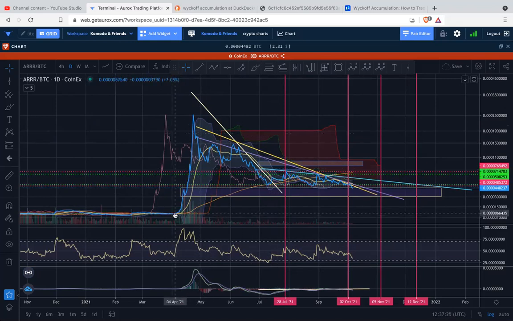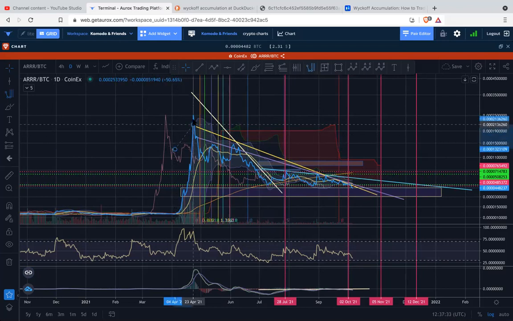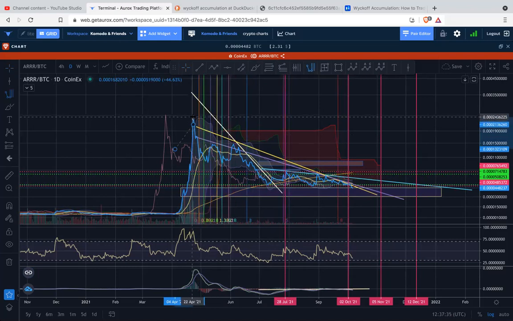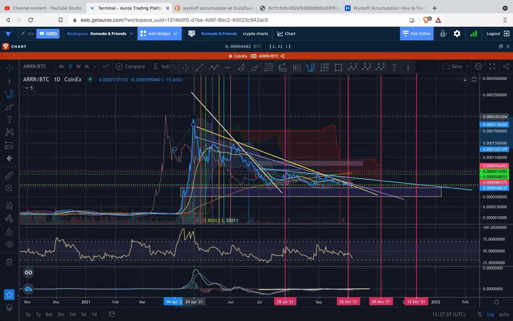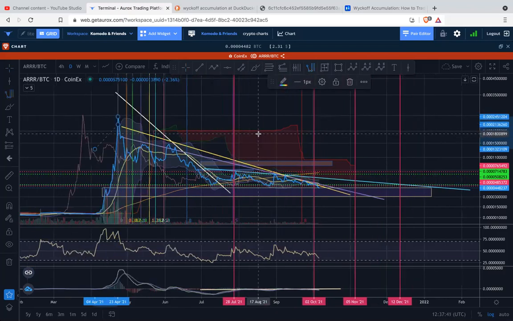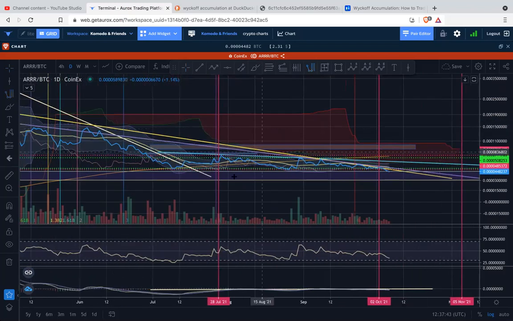So let's go. We're going to take this Fibonacci time extension tool, 4th April up to 23rd April. There it is at the top. And so now from here, roughly, let me just hold on there for a second and zoom in.